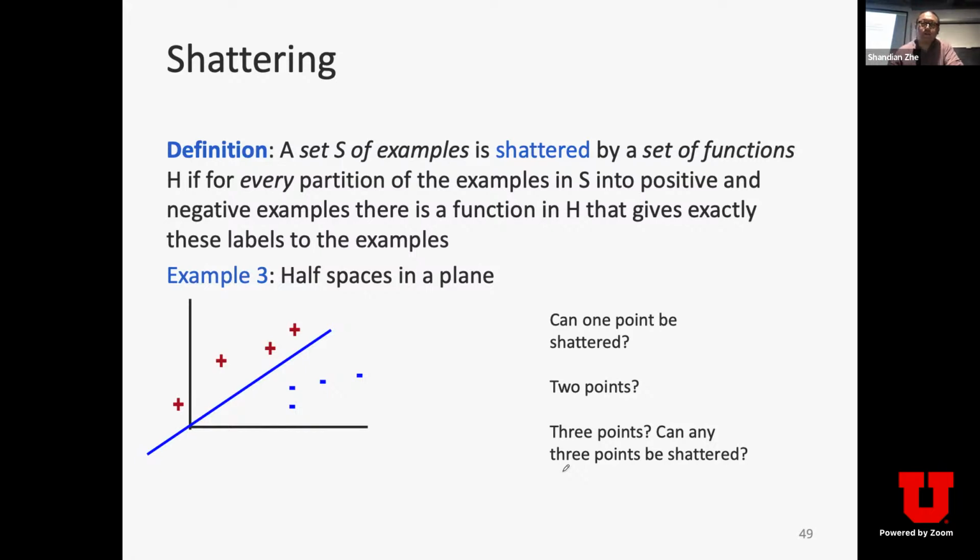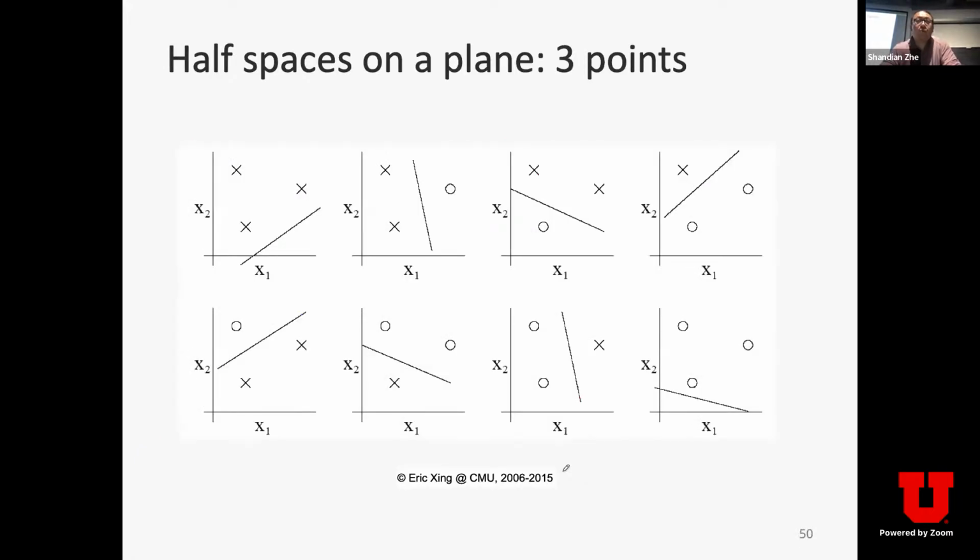And then we need to do some work. According to the definition, we have to enumerate all possible labeling schemes over 3 points. That means you've got 8 possible labelings, and you're going to check for every case whether you can find a corresponding linear classifier which correctly predicts the labels. And it turns out yes.